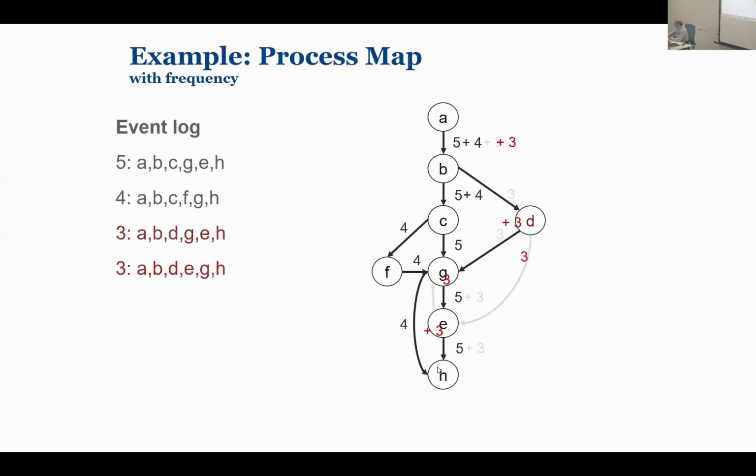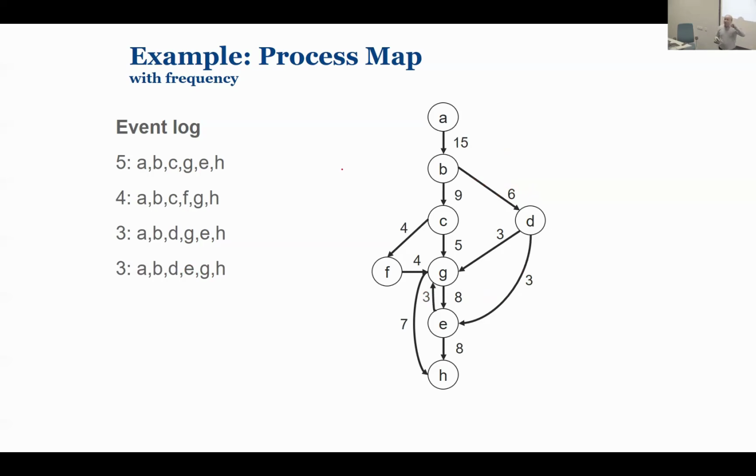And if I repeat the same thing for the 4th trace, I will get that I follow this. Then from D, I jump straight to E, then to G, and from G, I go to H. So I follow that pathway. And that is, once I add up the numbers, the process map corresponding to the event log on the left-hand side of this slide.